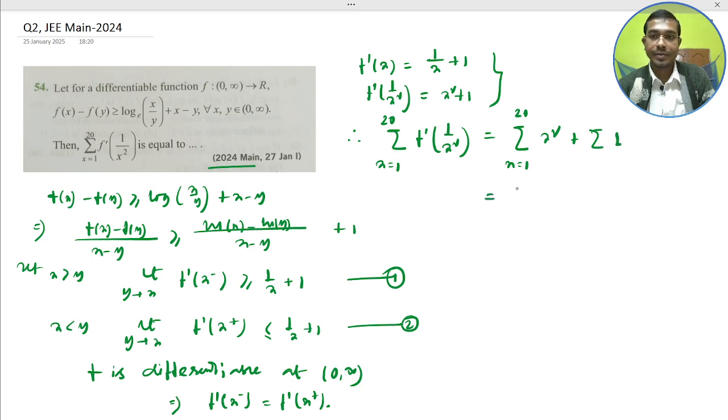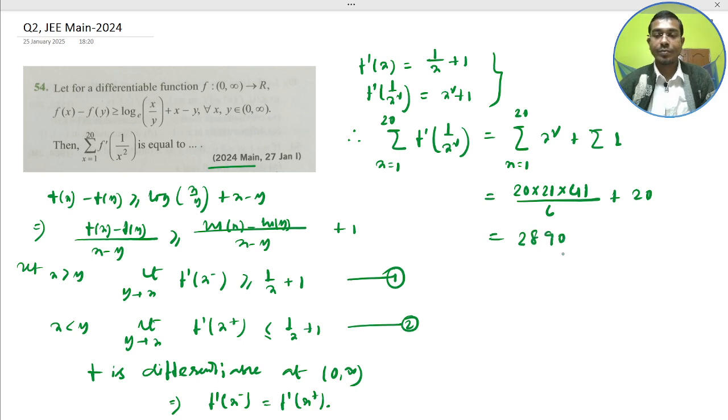This is equal to what? 20 into 21 into 41 divided by 6, plus 20 for n equal to 20. After calculating this, you get 2890. This is a NAT type question, numerical answer type. So you have to write the answer 2890. So this would be your answer.